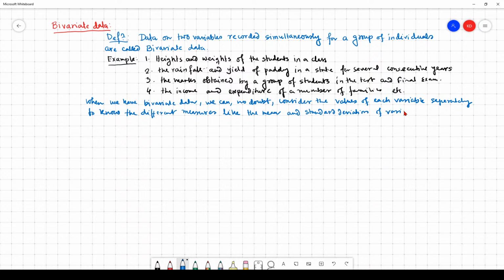I think you know the mean is the measure of central tendency, and standard deviation is the measure of dispersion. Okay, but here we are mainly concerned with two other problems.